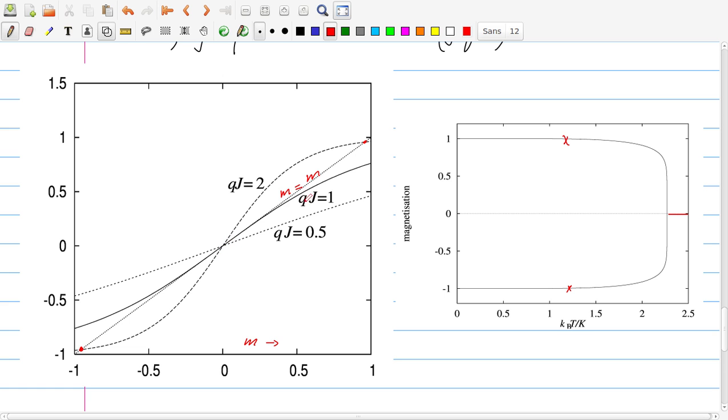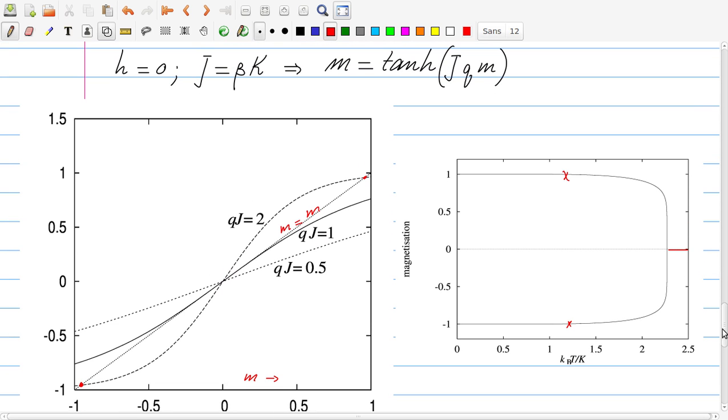And that's precisely when qJ is 1, because the slope of the hyperbolic tangent is 1 as a function of this argument, and therefore if qJ is 1, we find that the two slopes of the two curves are identical at m is 0.